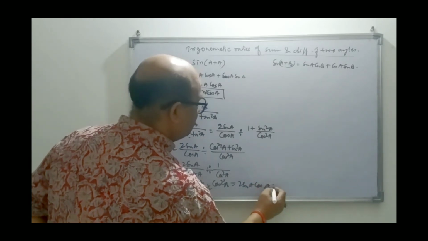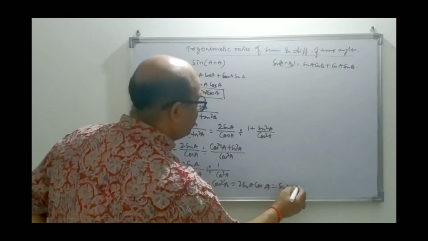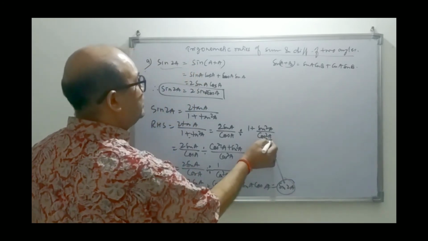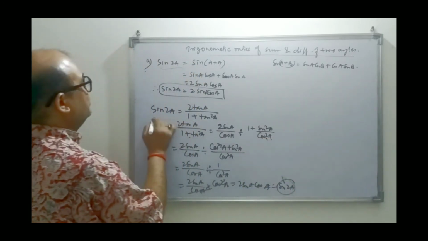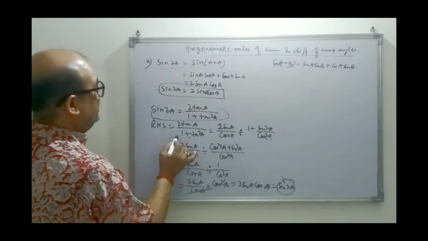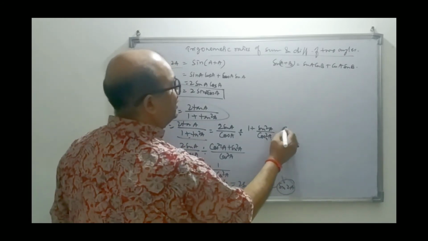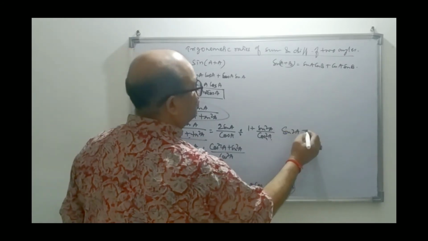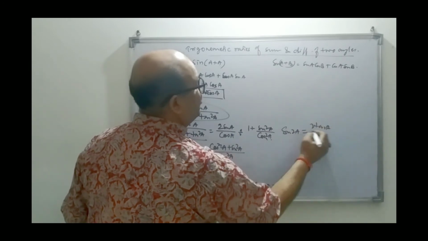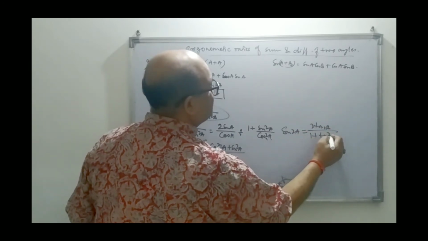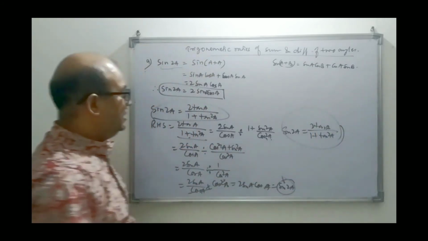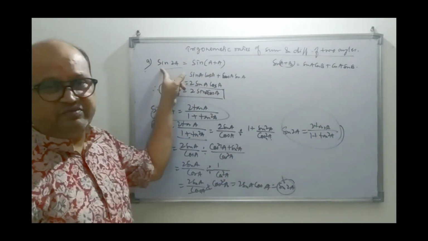2 sin A cos A equals, again, sin 2A. So what I got here? I got this identity: sin 2A equals 2 tan A upon 1 plus tan square A. So this is another identity. So we got two identities of sin 2A.